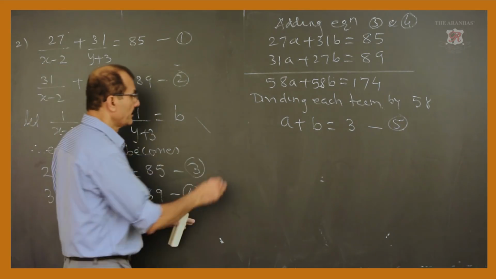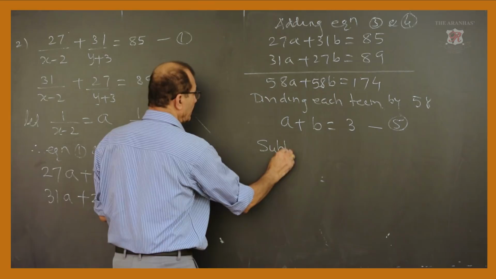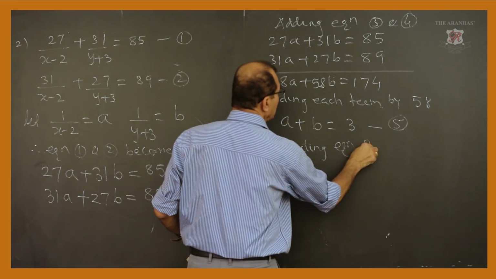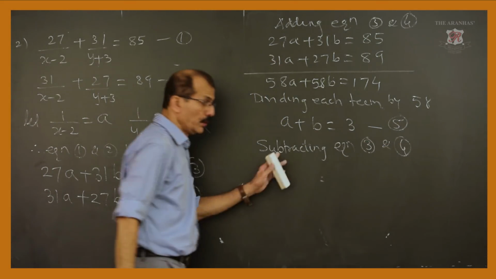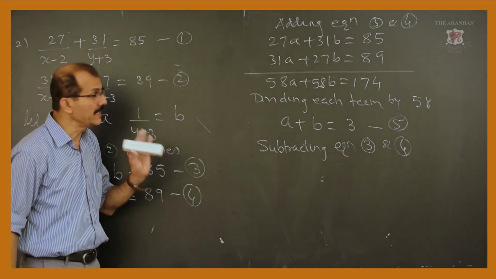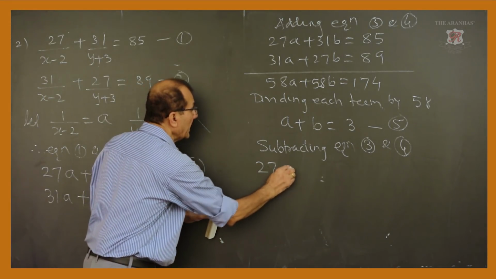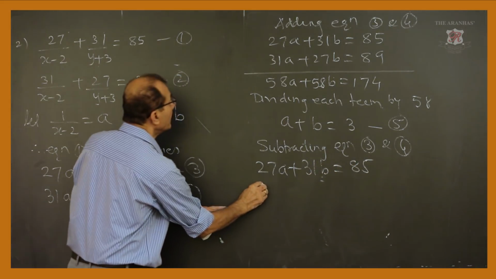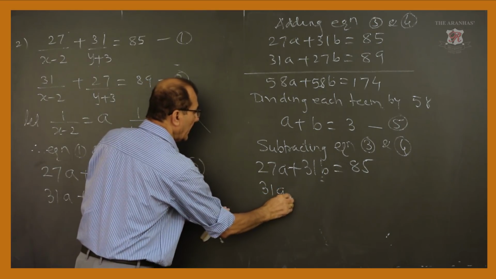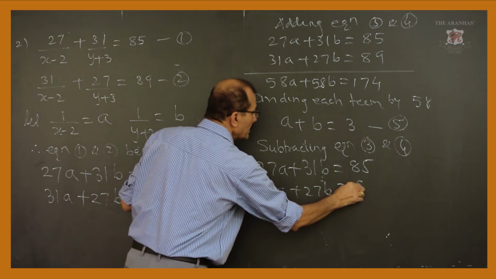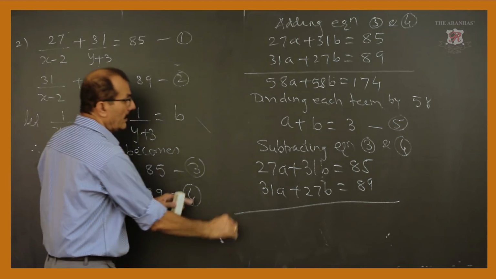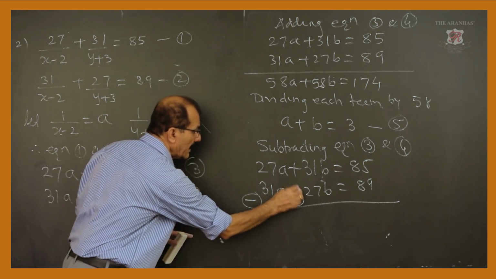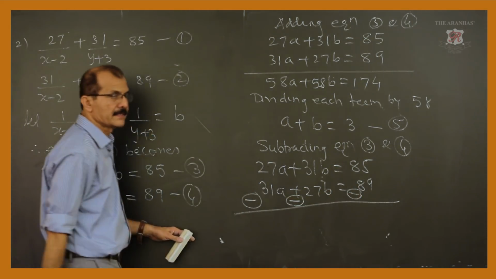Now, we will subtract equation 3 and 4. Now, you have to be careful here. Subtraction means sign changes. So, 27a plus 31b is equal to 85, 31a plus 27b is equal to 89. Now, subtraction means sign changes. This becomes minus, this becomes minus, this becomes minus.